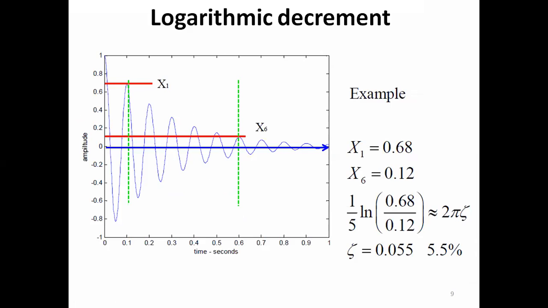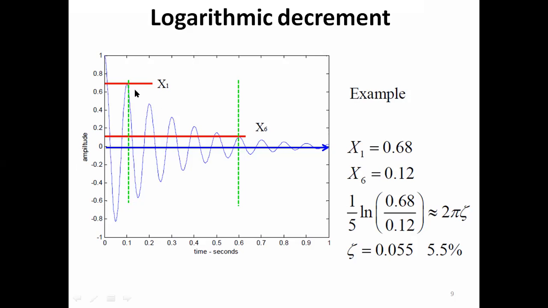Now here you could see an example to find out the damping ratio from the experimental plot. Let's say we have this experimental plot. Here, first you have to select the amplitude. So I'm taking this line. Let's say this is point 1, and you have to choose a number of cycles, and let's say I'm choosing 5 cycles.